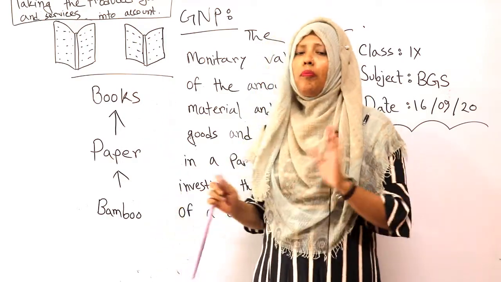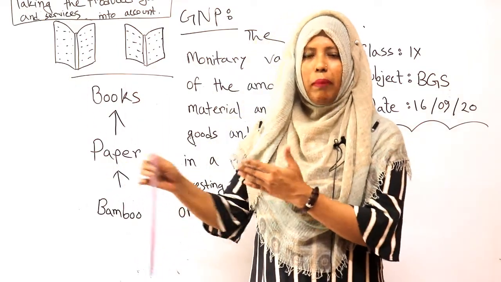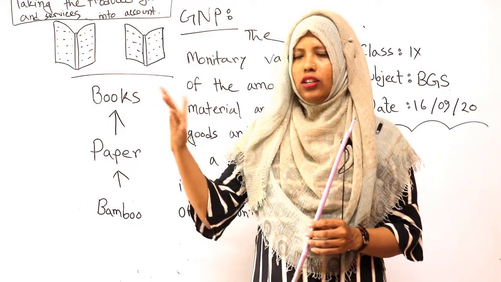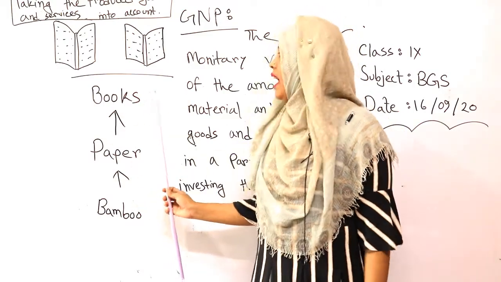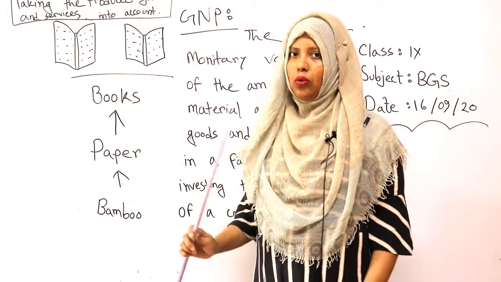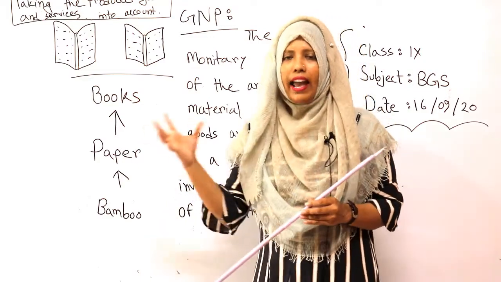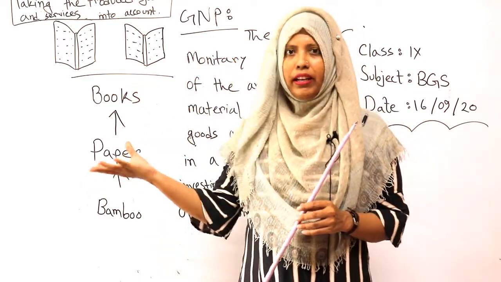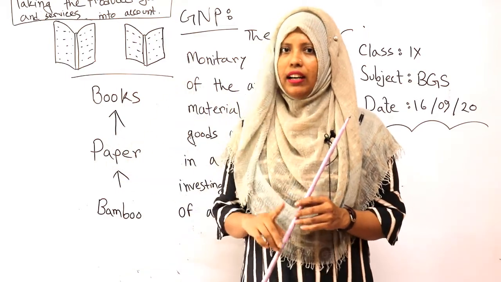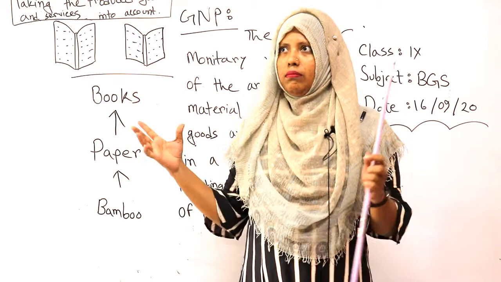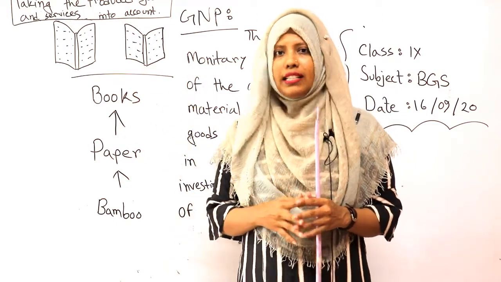Like book, all products, like any fan, any pencil, any toys, every good has an ultimate good, and the cost of all ultimate goods in 1 year in a country, the summation of all goods, is the measurement of the GNP.